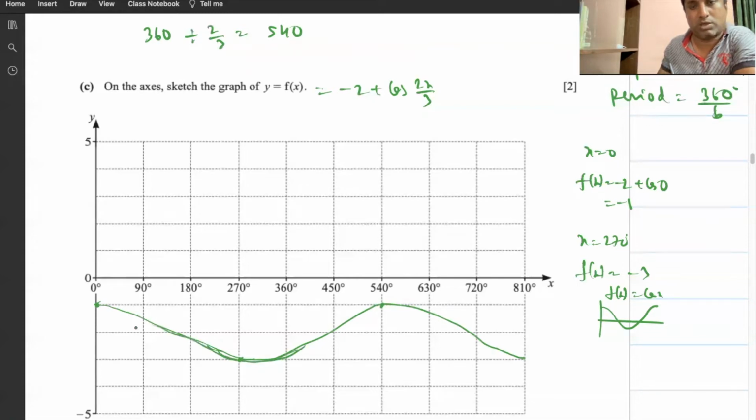This is the turning point, this is the turning point, and this is another turning point. It will go in that way. So this is the graph of f(x) equals minus 2 plus cos(2x/3), with the minimum at minus 3. And its amplitude, if I draw a line here, is 1.